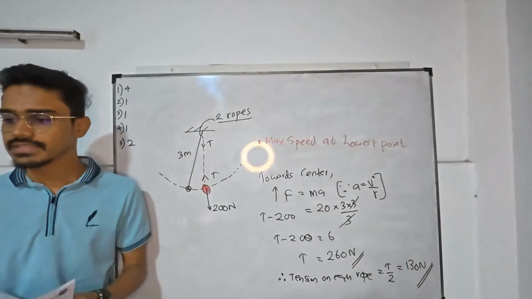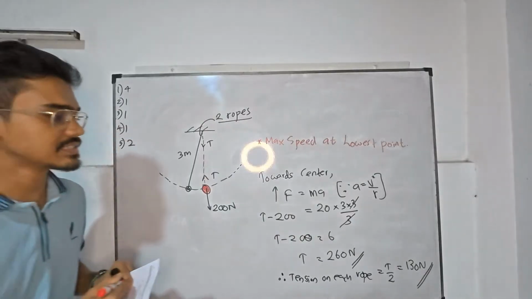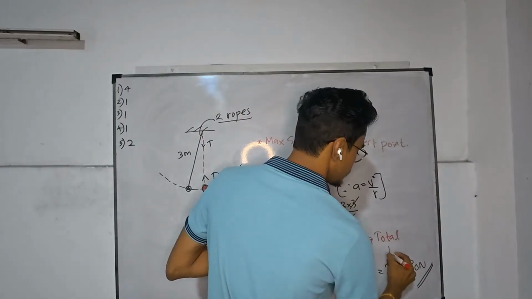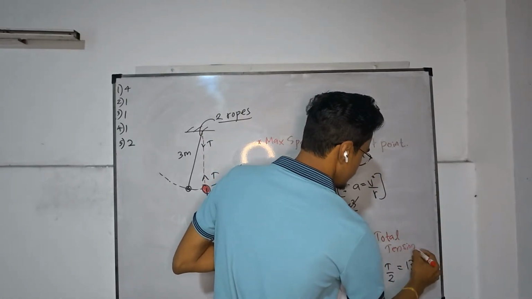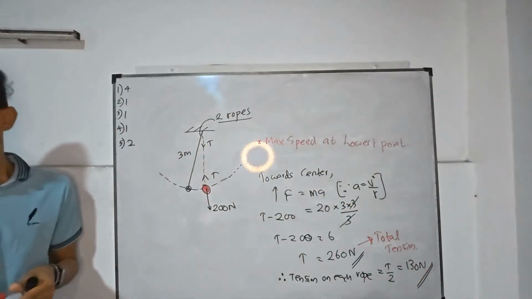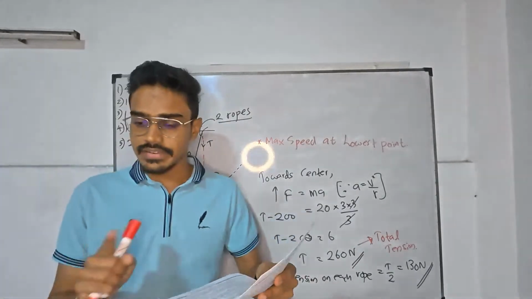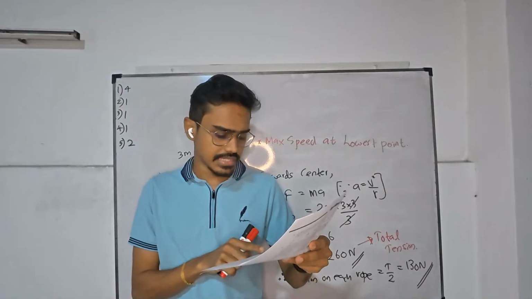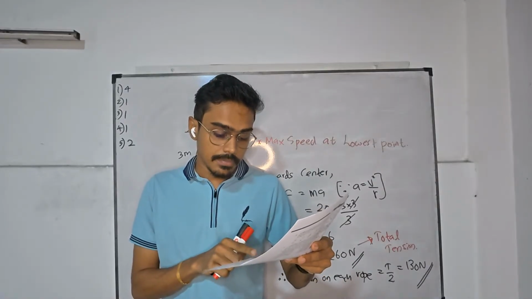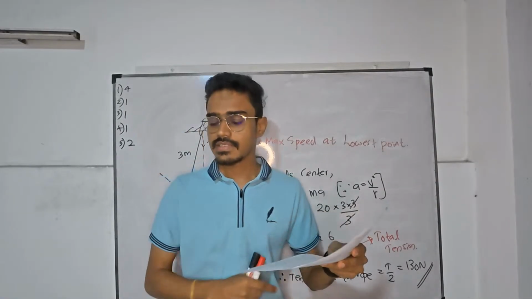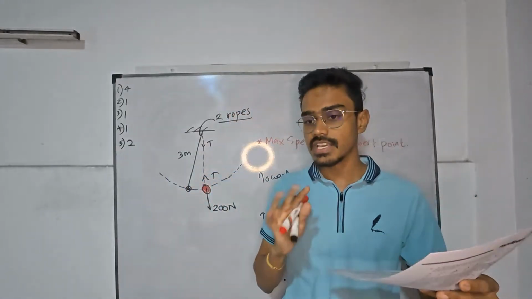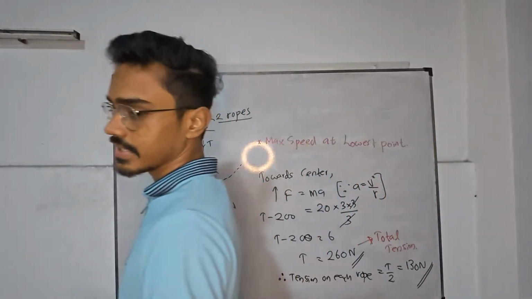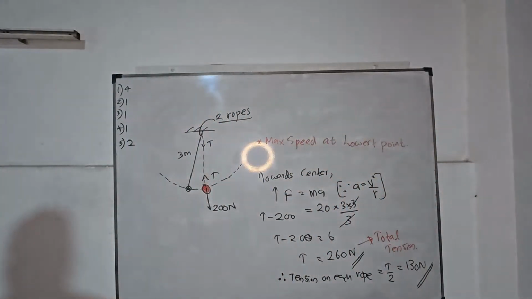Tension on each rope is 130 because this 260 is the total tension. Clearly, in the last line, you can see the question asks for the maximum tension in each rope. So therefore, total is 260, tension in each rope is 130. Take it down.